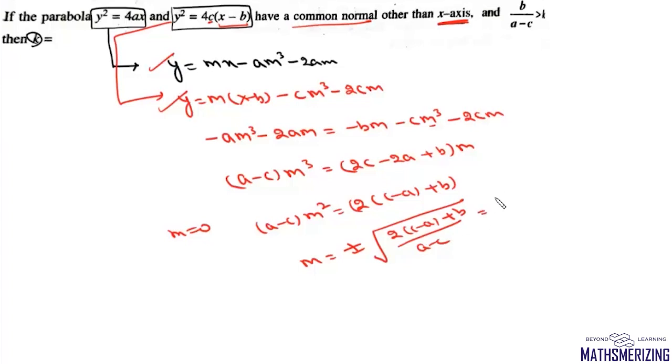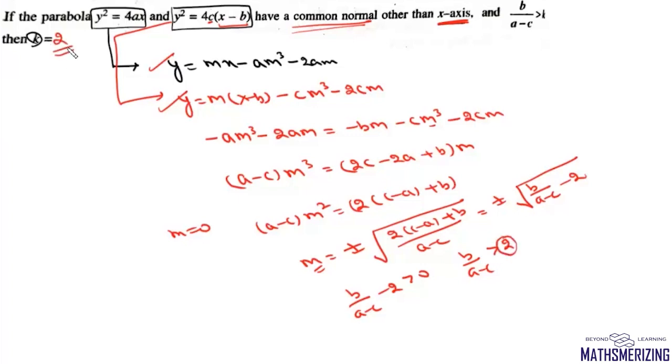So we can write this as plus minus under root of b upon a minus c minus 2. Now in order to have a common normal, this value of m should be real. So it is real when b upon a minus c minus 2 is greater than 0. So that means b upon a minus c should be greater than 2. So the value of k here is 2.